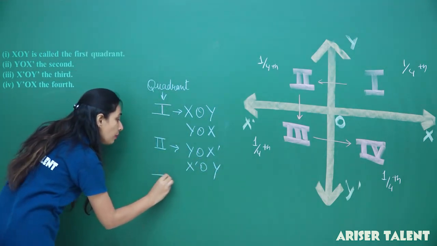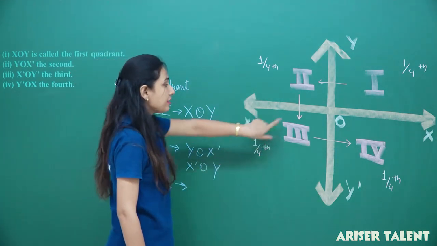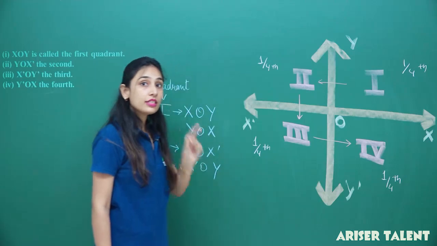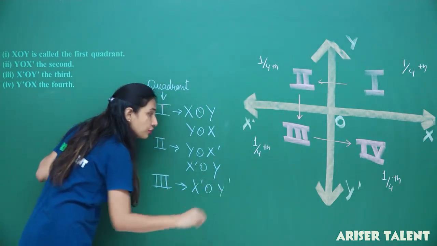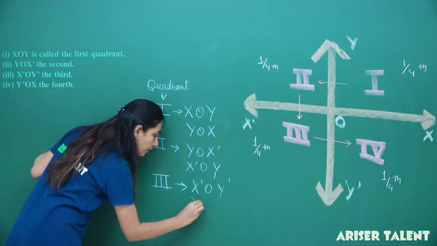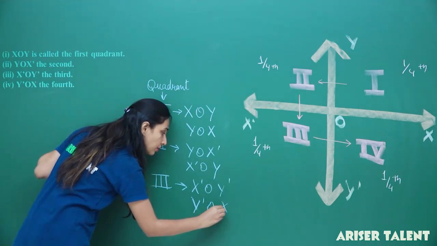Now if I talk about the third quadrant, it is this. Now x dash O y dash, or I can say y dash O x dash, right.